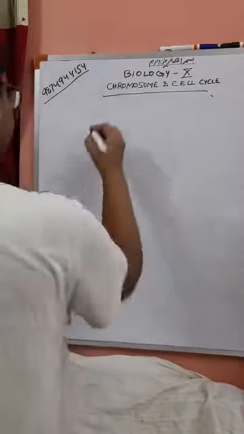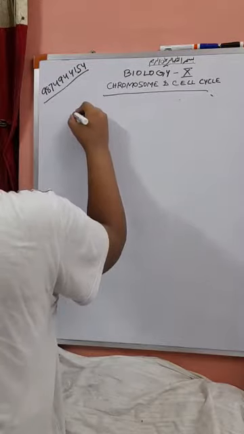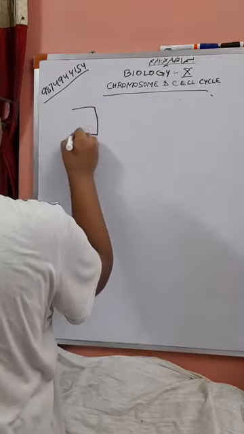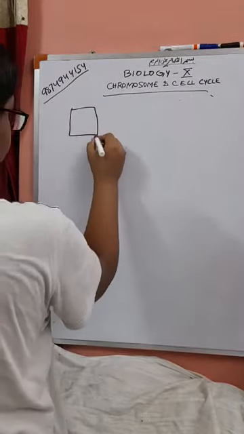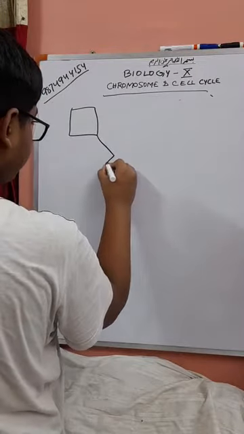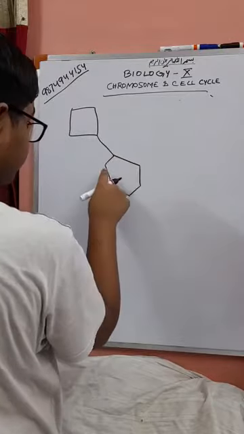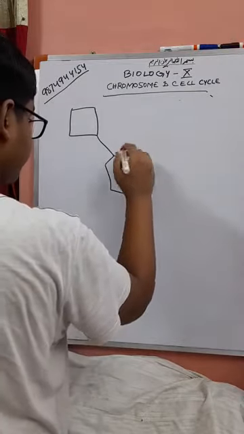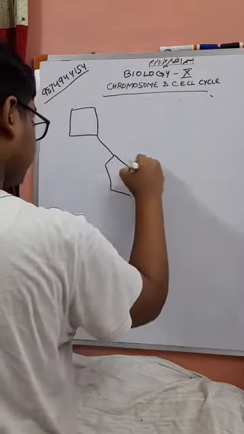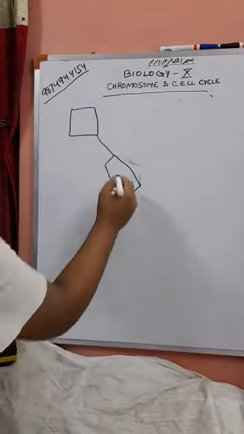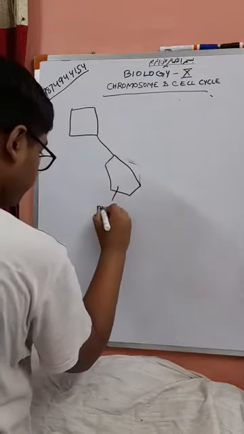in DNA. There is phosphate. This is phosphate. It will be combined with the pentagonal shape of sugars, which is pentose sugar.